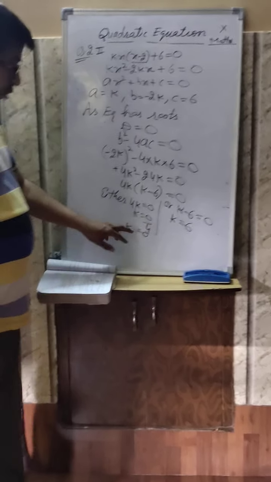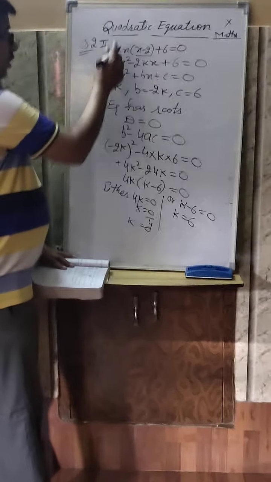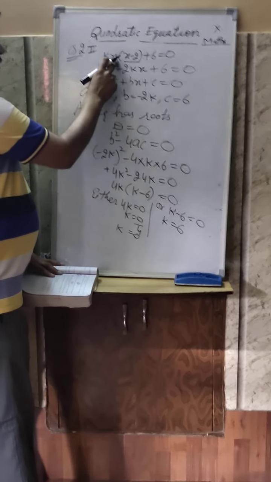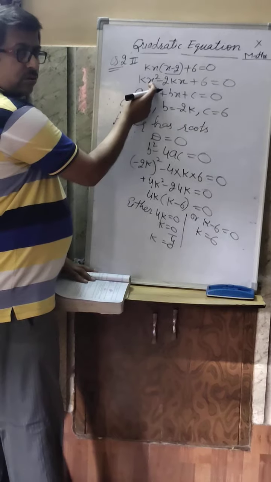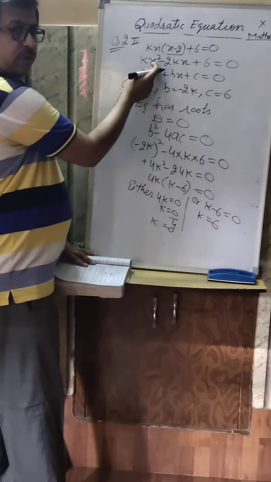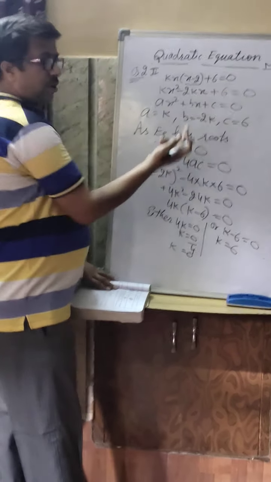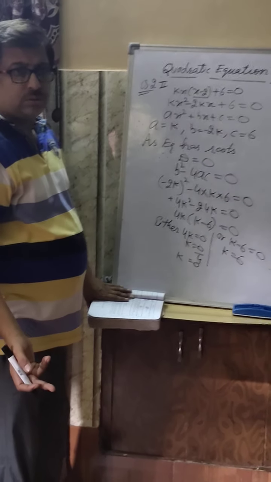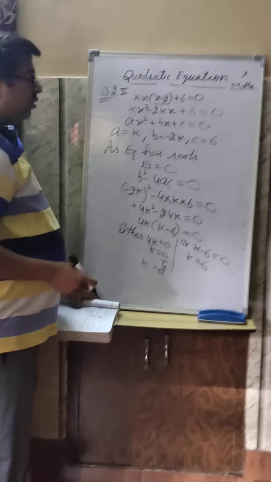So my dear students, 2 values are there. Now if I take k equal to 0 and put it here, 0 into anything is 0. So the first term is 0, and it becomes linear. It is not the equation. So it is not the correct equation if you take k equal to 0 in this.